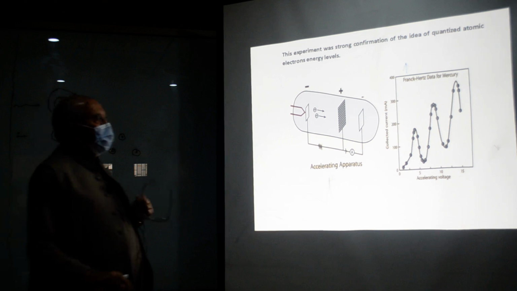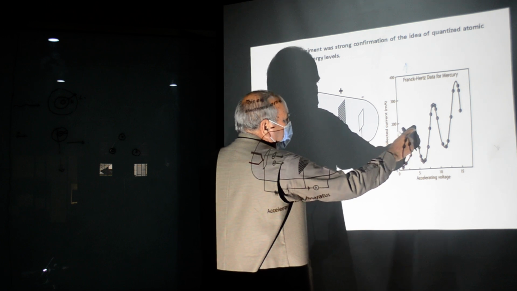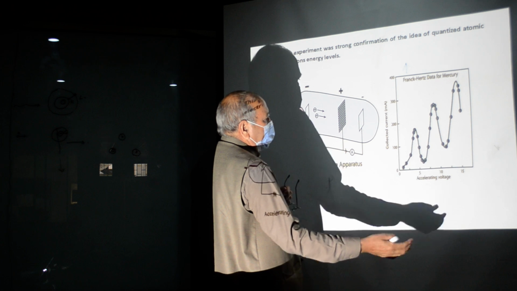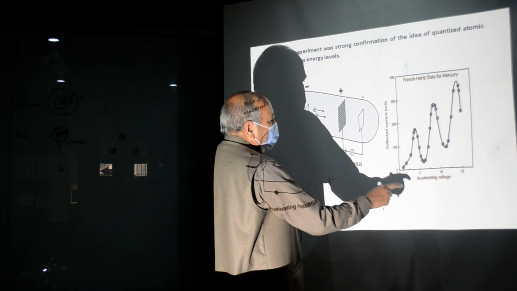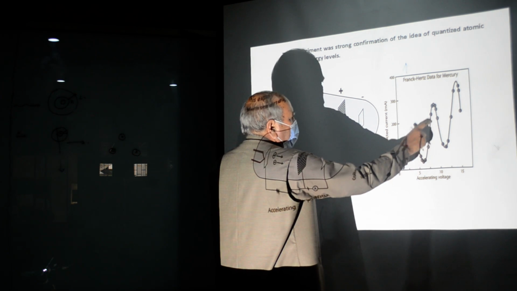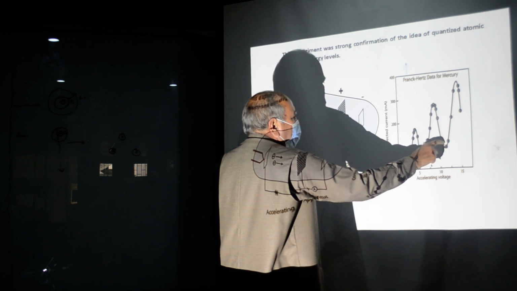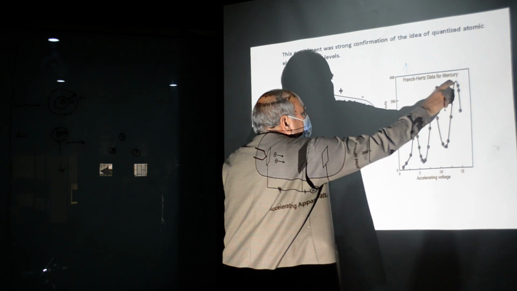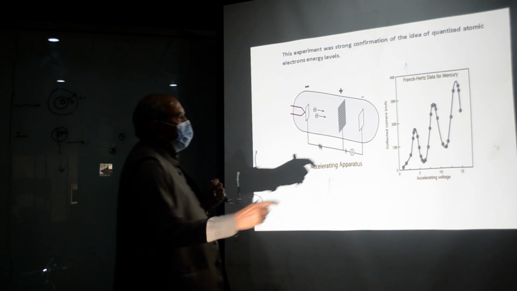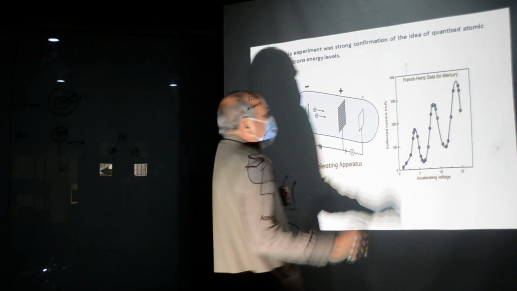And then again, the electron will be accelerated, because this electron lost energy, so it came to the minimum value of energy. And then if I further increase the potential, the electron will be accelerated again. It will go to the maximum value. Again, it will reduce to the minimum, again to the maximum, and so on. So you see here peaks. One peak, another peak, another peak.